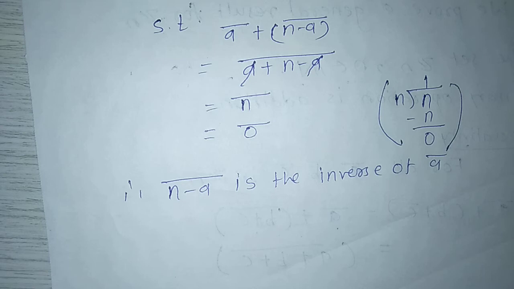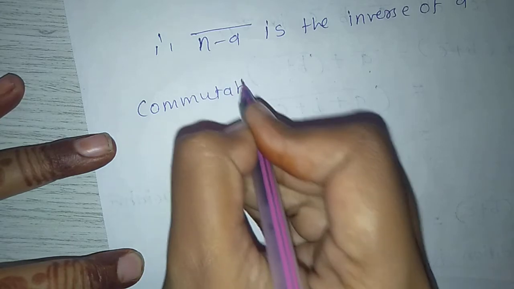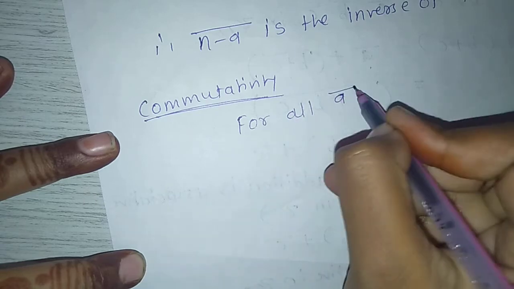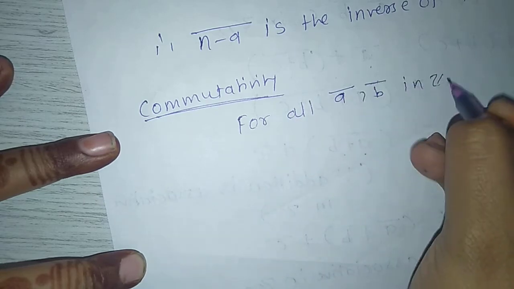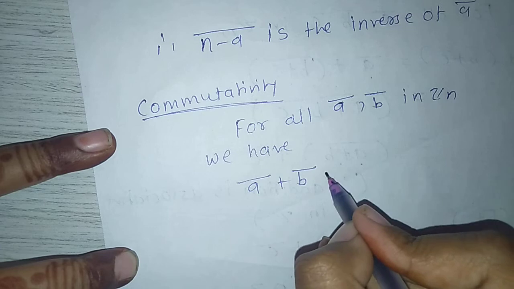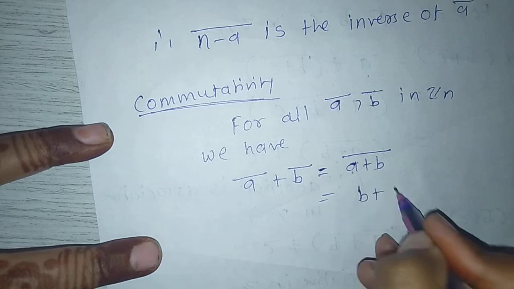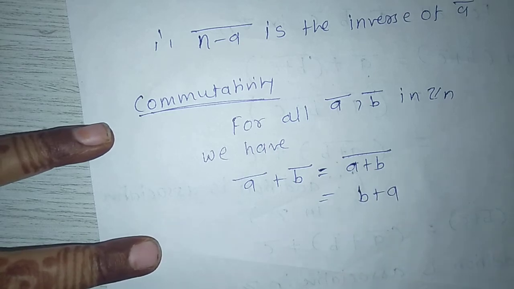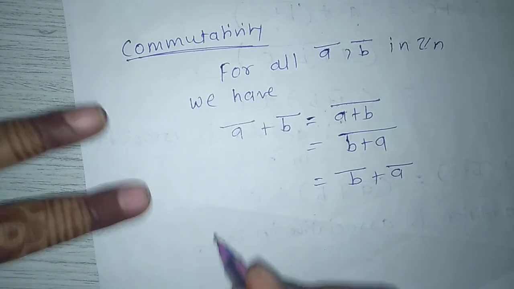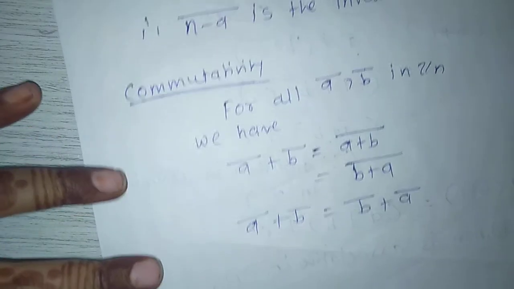Now we check commutativity. For all a bar, b bar in Zn, we have a bar plus b bar equals a plus b whole bar. A plus b can be written as b plus a whole bar, which is equal to b bar plus a bar. Here we get a bar plus b bar equals b bar plus a bar.